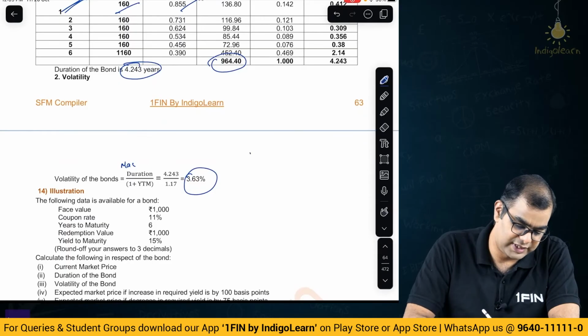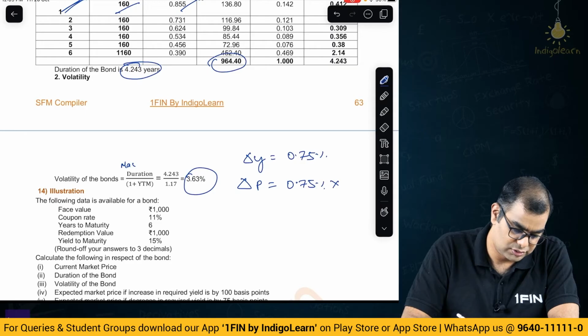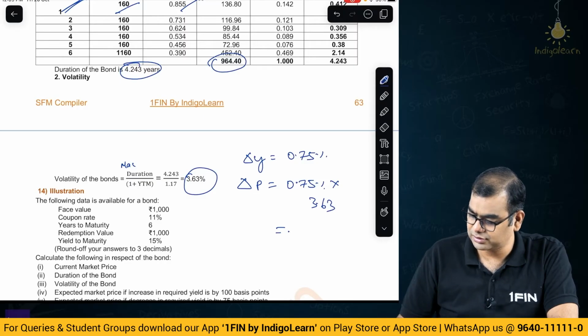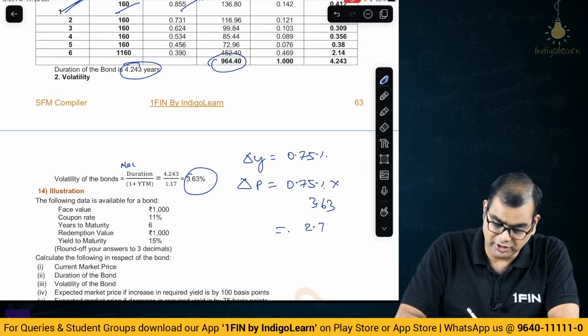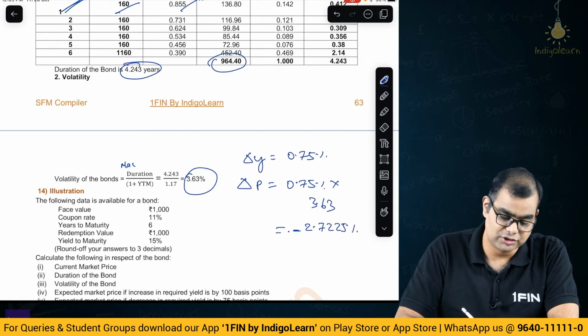So, if delta Y is equal to 0.75%, then delta P is equal to 0.75% into 3.63, which is 2.7225%, but this is minus. Why?